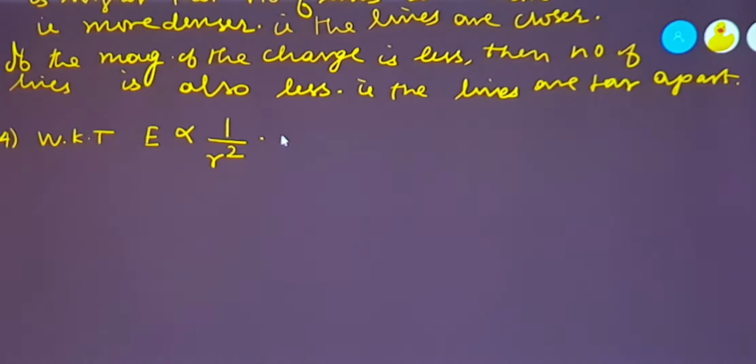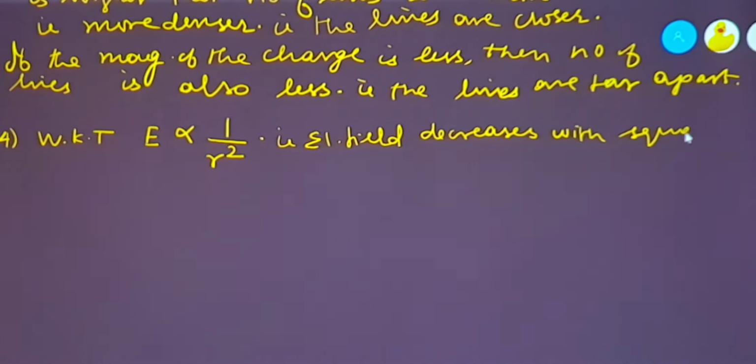That is, the electrical field decreases with the square of the distance. As the square of the distance increases, the electrical field gets decreased and decreased.